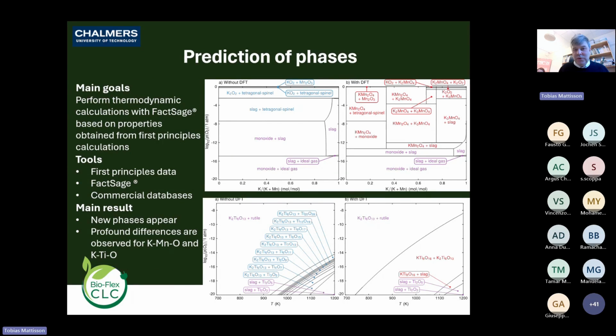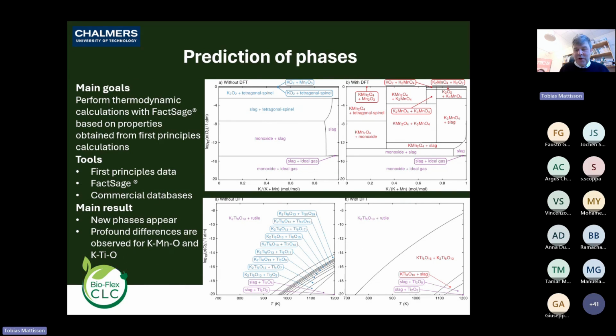And why do we want to do this? Well, you can do this for many reasons, for a better understanding of the thermodynamics. But where we have used it is basically to try to extend the different phase diagrams for oxygen carrier ash interactions.